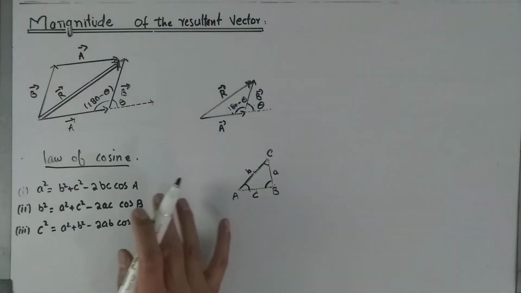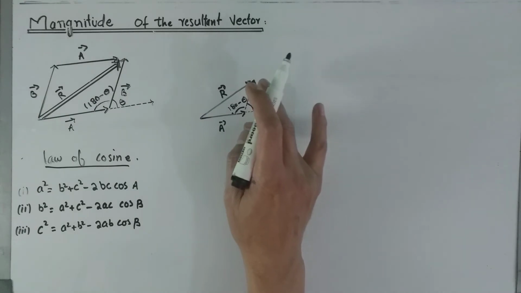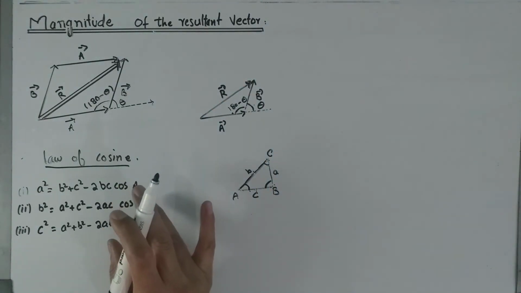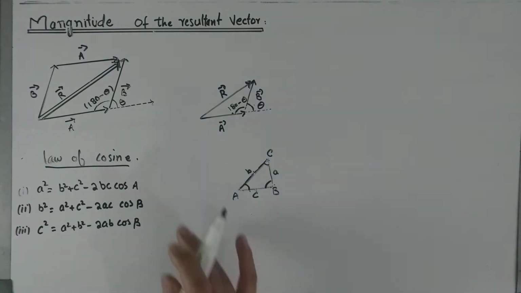We have to find the resultant vector here. In order to find the resultant vector, you need to understand the law of cosine, because this law will be applied here.